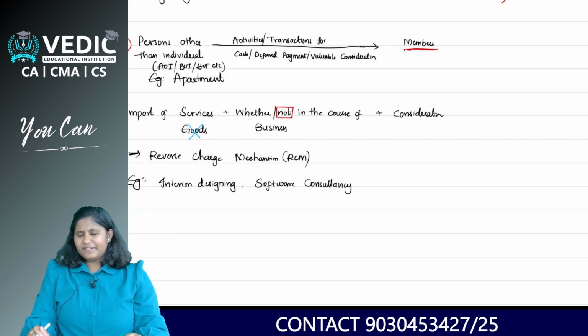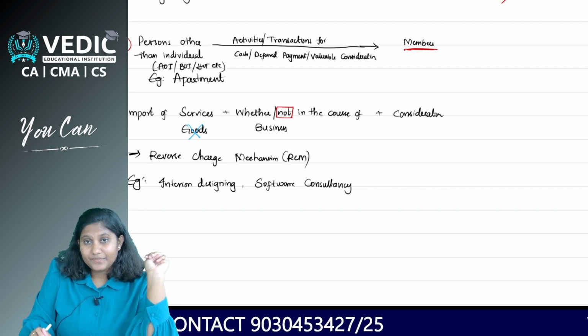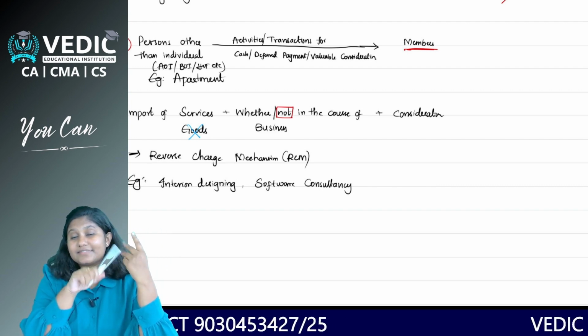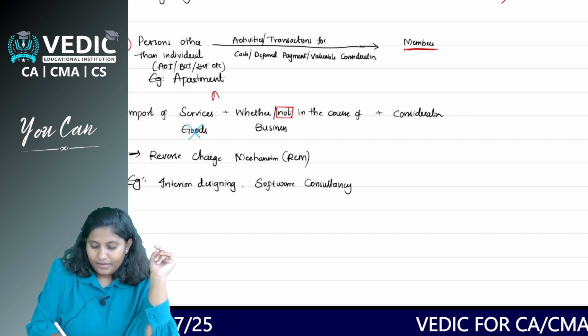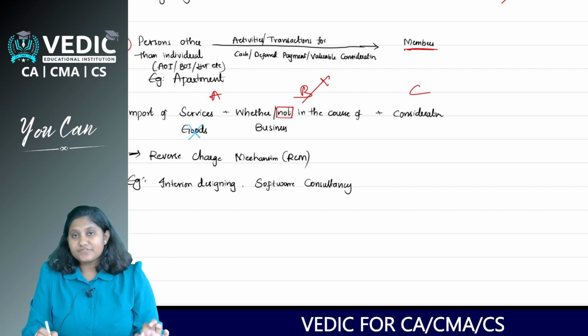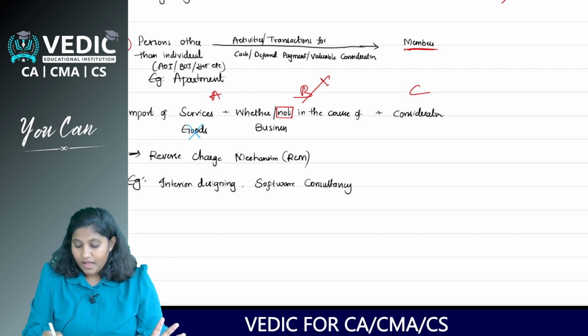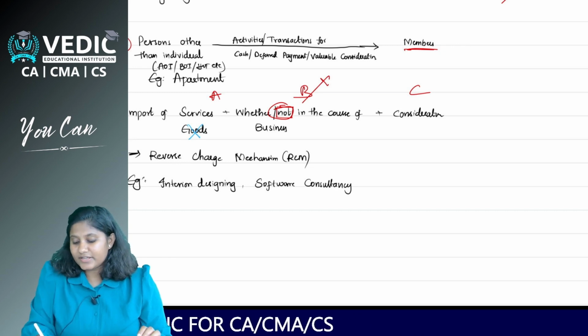For any supply, we have this ABC: all forms of supply, business, and consideration. But in this one, importation of services is an activity where the business may or may not be there, but consideration should be there.